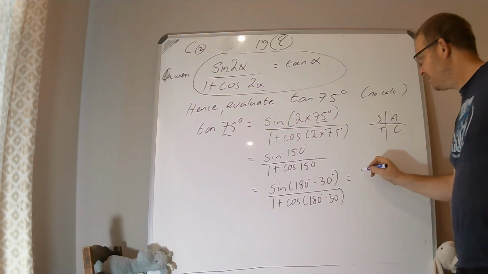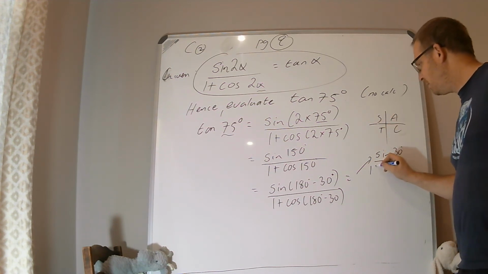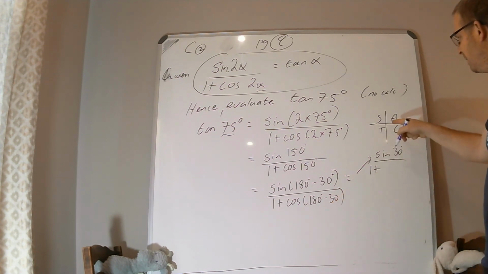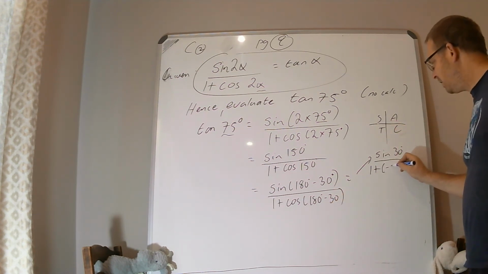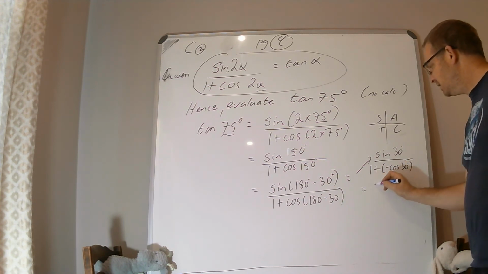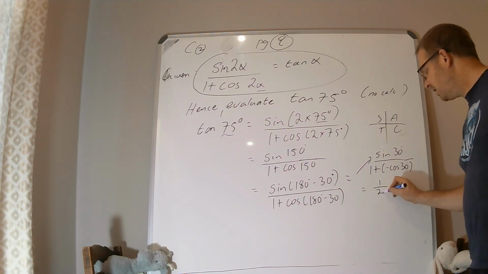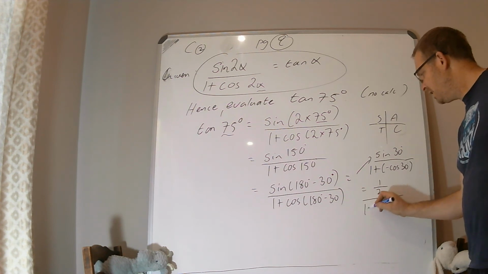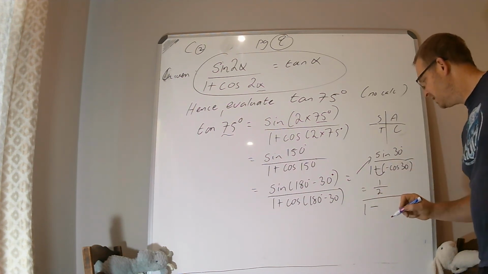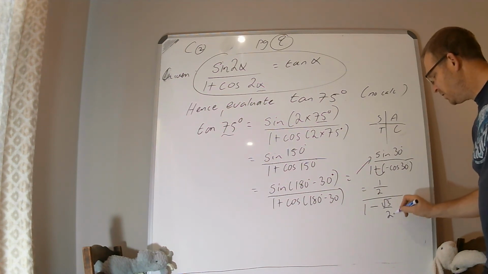That's going to become 180 minus, sine is positive, so it's sine 30 over 1 plus cos of 180 minus, which is 1 plus negative cos 30. So I get sine 30, which is equal to, using your special angles diagram, at 30 degrees y is 1. So I'm going to get a half over 1, plus and a minus make a minus. So 1 minus cos 30 is going to be 1 minus root 3 over 2.